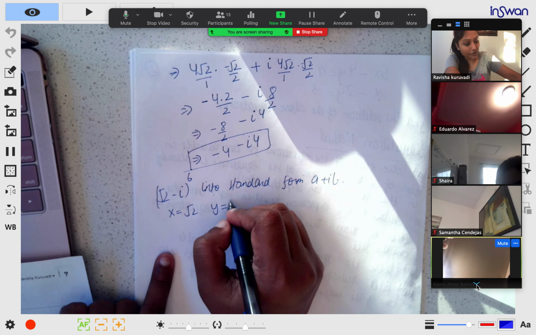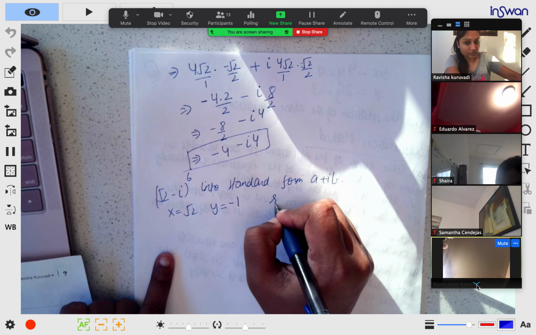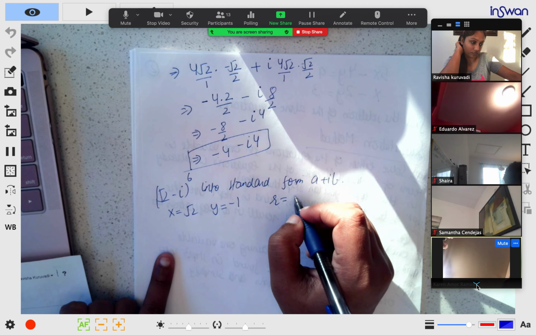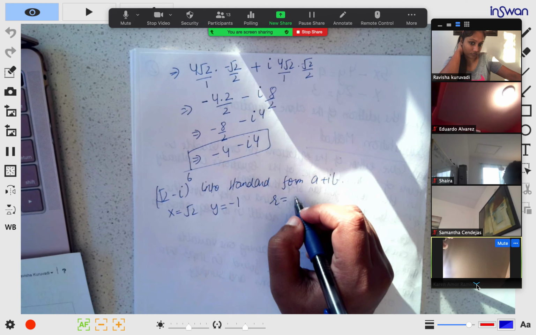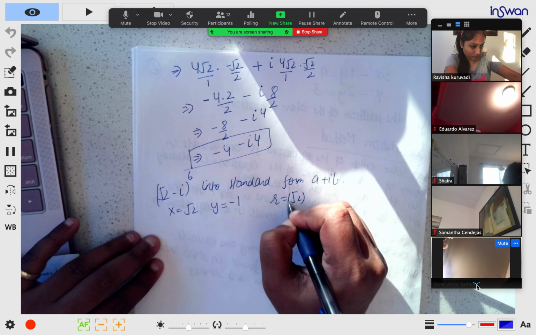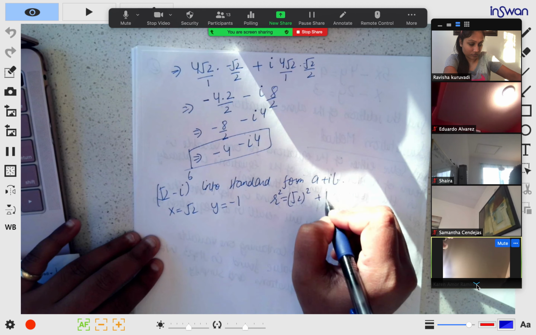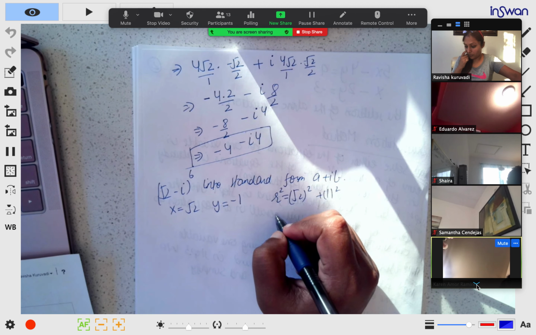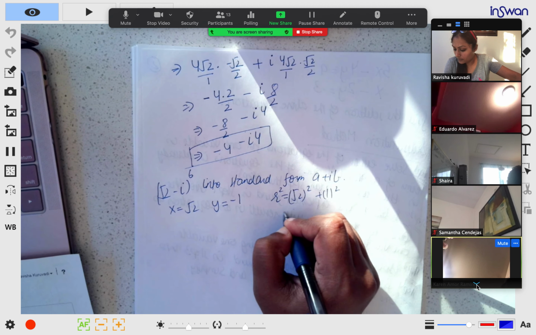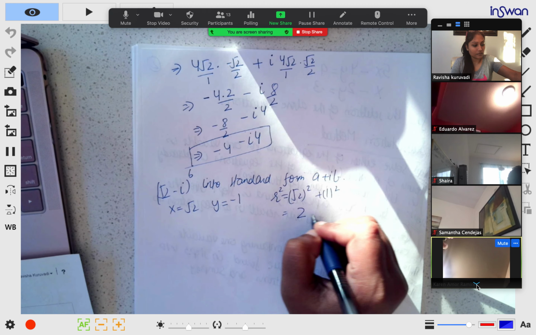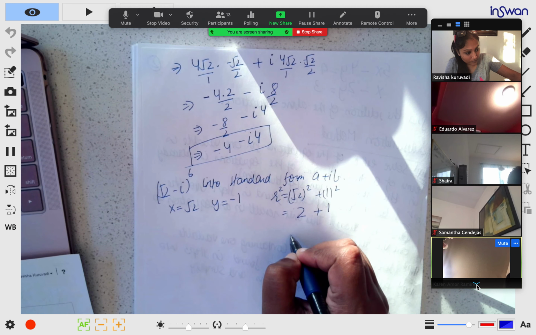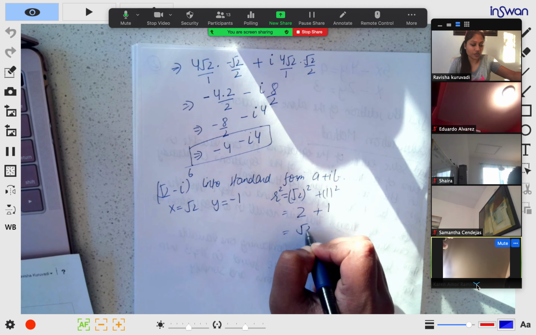How do you find your r? r is root 2 squared plus -1 squared, 2 plus 1, root of 3. Yes, you get r as root of 3.